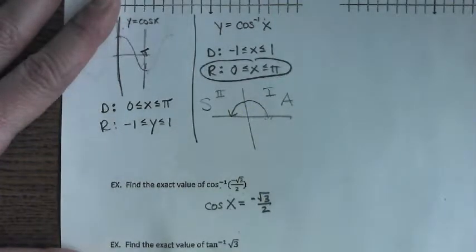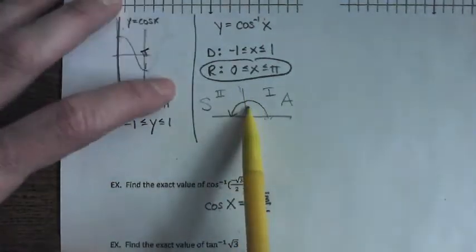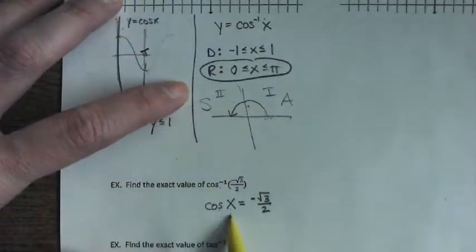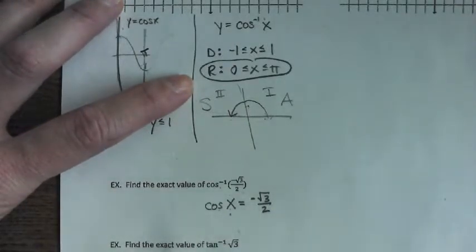Which quadrant is it? 2, because cosine is negative, and of the two quadrants we're limited to, that would have to be quadrant 2. And what is the reference angle that has a cosine of root 3 over 2? 30 or pi over 6, right?